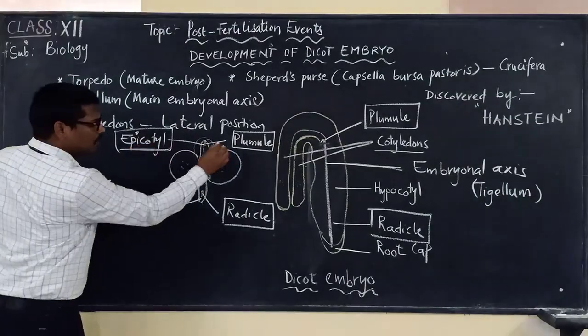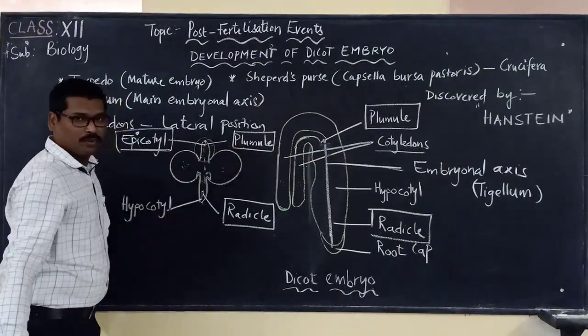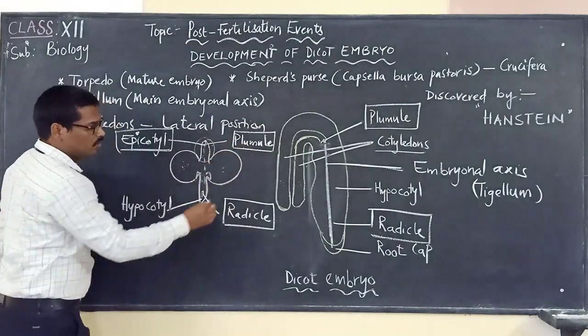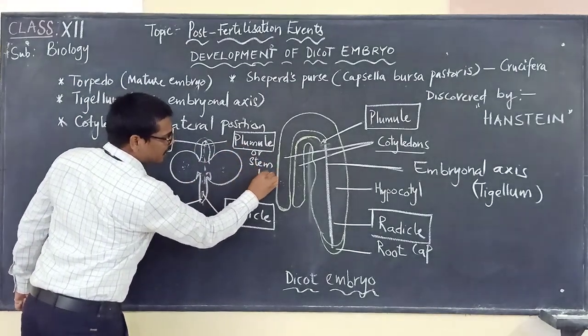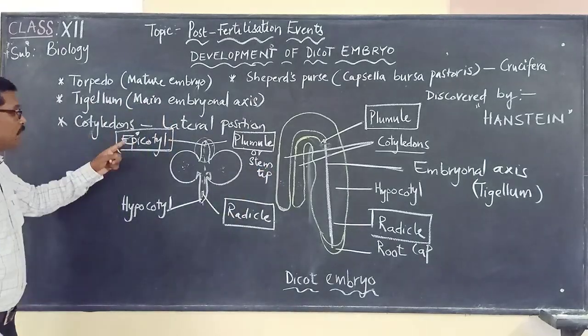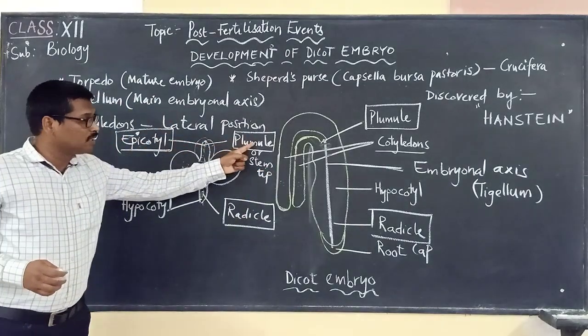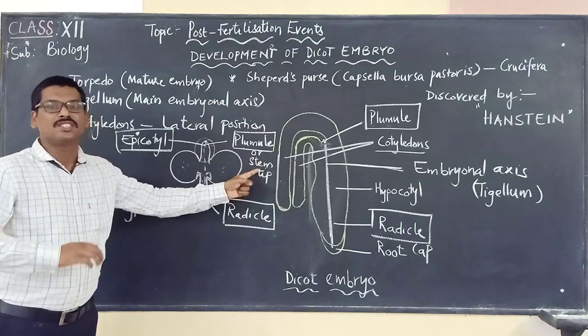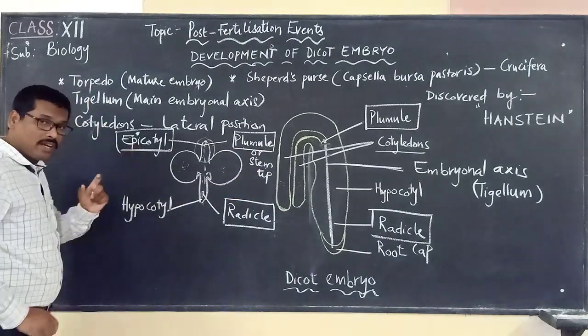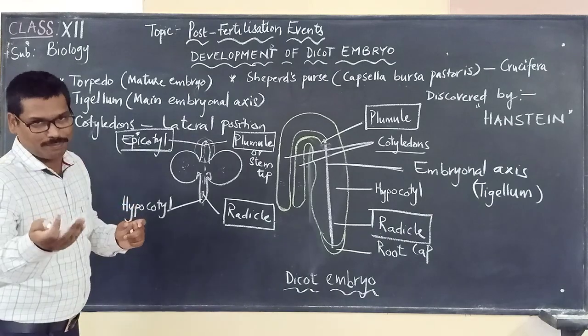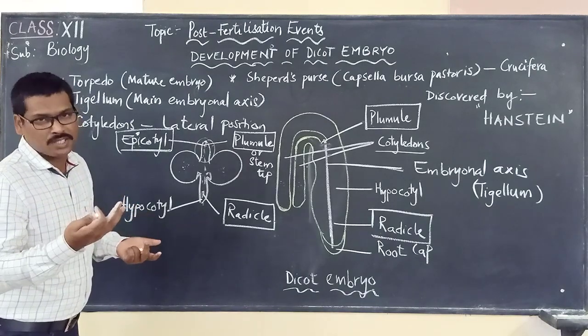This epicotyle will be giving rise to what? Plumule, or we can say stem tip. So epicotyle is giving rise to the plumule, or otherwise we are calling it as stem tip. Or in simple sense, we can say that epicotyle is the one which gives rise to the shoot system.